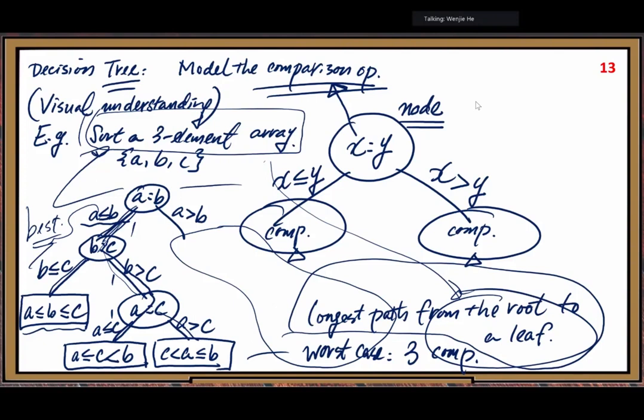And this longest path, the length, because we only need to use the length, we have a concept called height. That's the definition of the height of this tree.